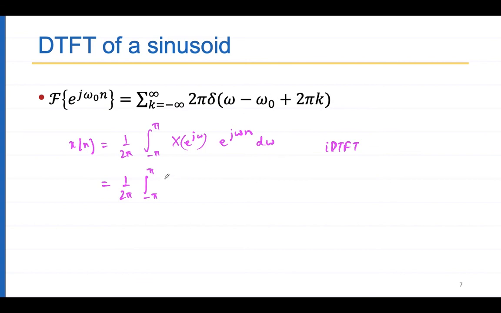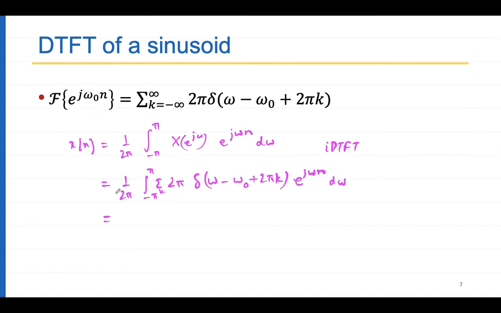It will essentially become 2 pi delta omega minus omega naught plus 2 pi k. If we assume that omega naught lies between 0 to 2 pi, then this will appear only once. Right? So this becomes omega naught.